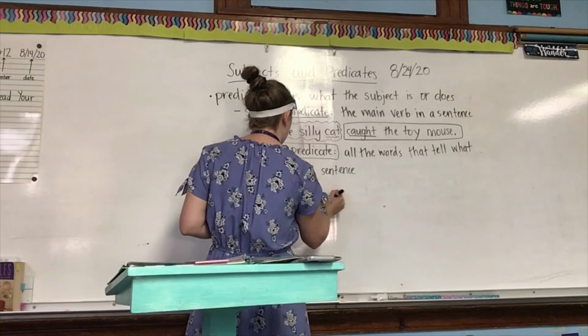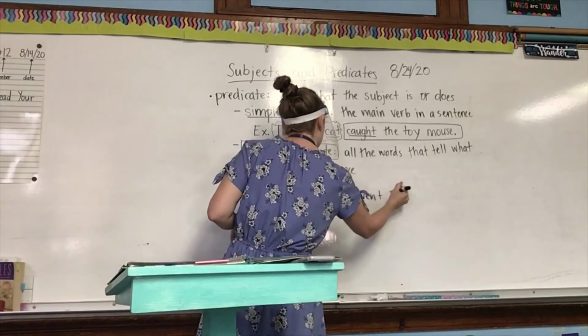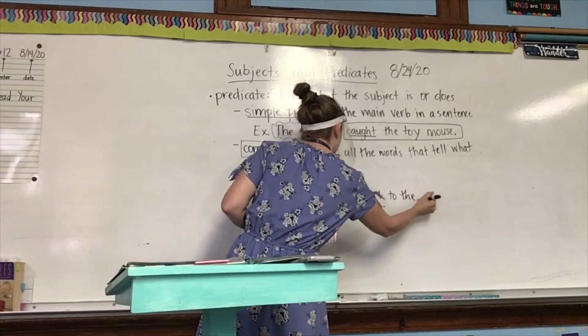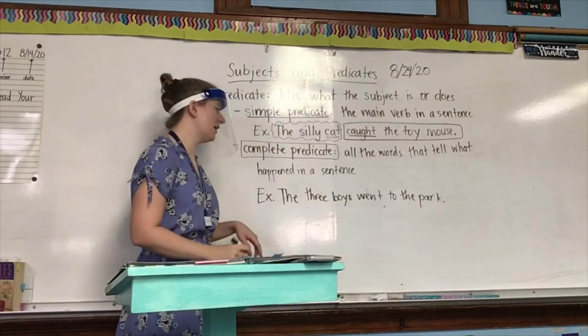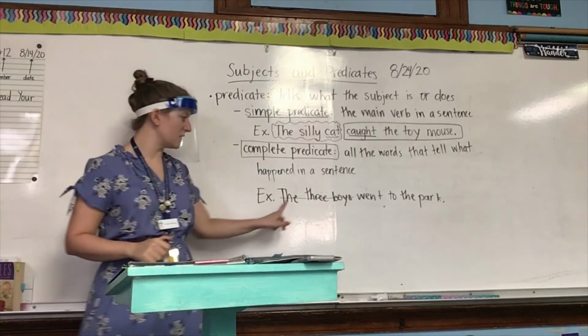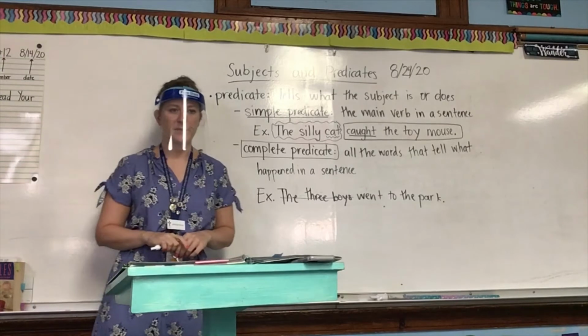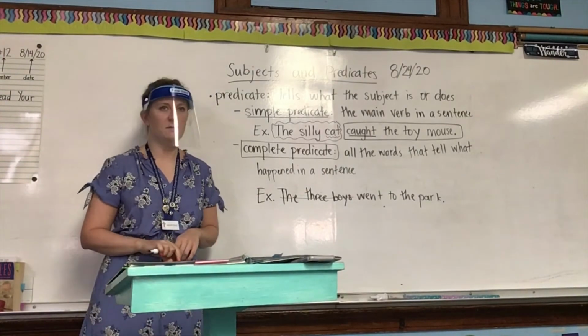The three boys went to the park. Well, we already know it's not going to be any of those words because those three words are part of the what? The three boys are the what? Aaron?